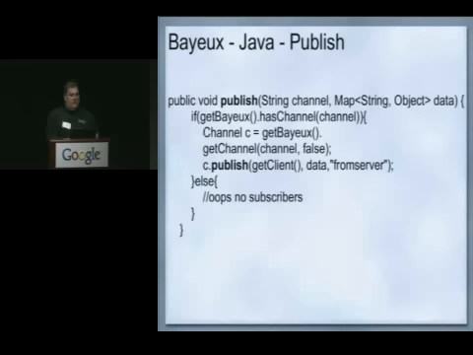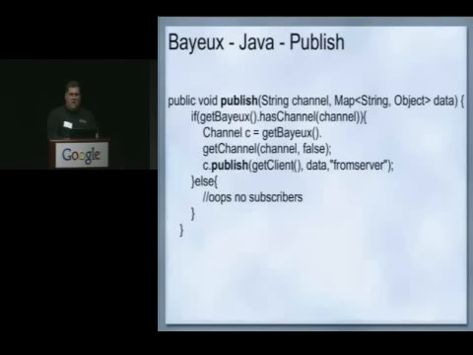And basically what Bayeux allows you to do is to check if a channel exists, because if nobody out there is subscribed to that channel, you probably don't want to publish to it. So that's another nice feature. It's optional. You definitely don't have to do that. And then what you can do is get the channel from Bayeux, and this false means create or not.